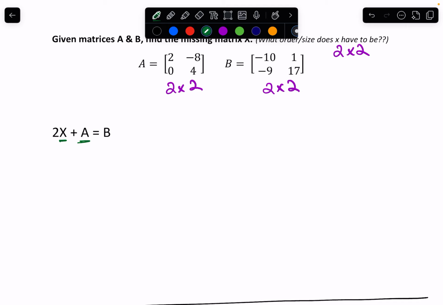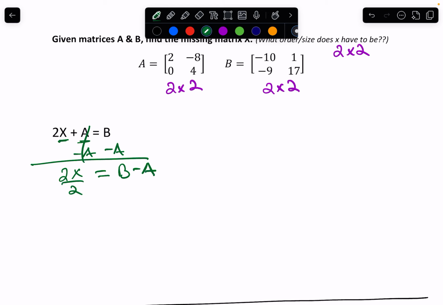Okay, so how are we going to do this? We're going to solve for the x. We're going to subtract matrix A from both sides, just like we do in solving equations.